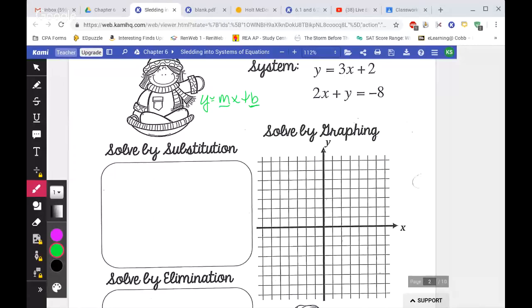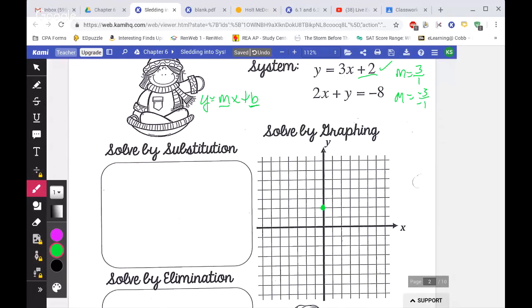The first equation is in slope intercept form. So you want to plot the y-intercept first, and it's a positive 2. So I'll go up 2 from the origin. And then the slope is 3, which is really a ratio, so that's 3 over 1, and it's positive. So I'm either going to go in 2 positive directions or 2 negative directions.